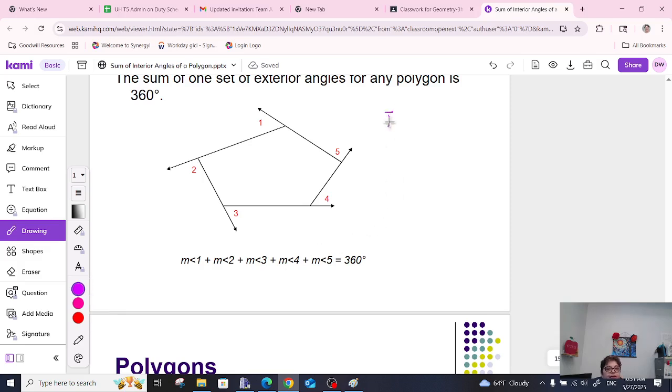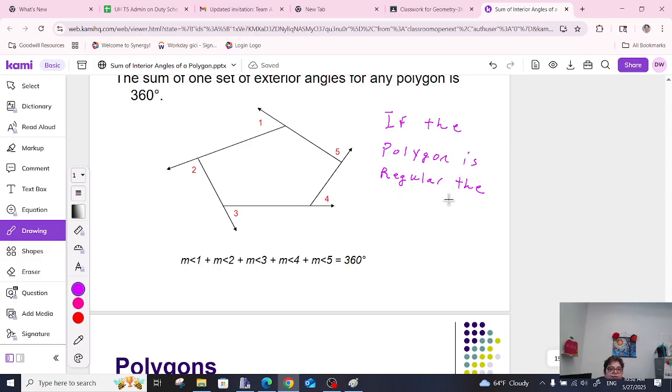If it is regular, what does regular mean? All the exterior angles, the interior angles, and the sides are going to be the same.